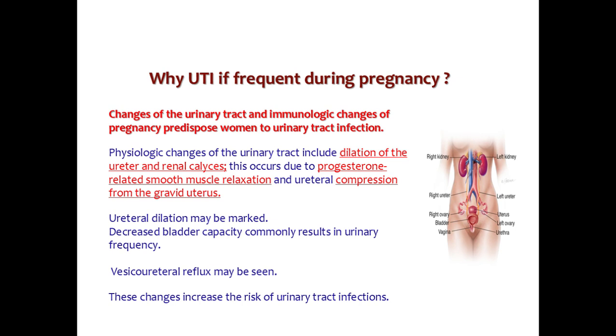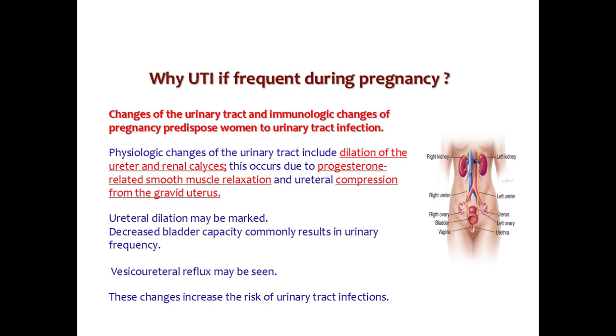These physiological changes during pregnancy include dilatation of the ureter and of the renal calyces, due to back pressure from the pressure exerted by the pregnant uterus on the ureter, especially the right one. Why? Because the uterus is dextrorotated and dextroverted.